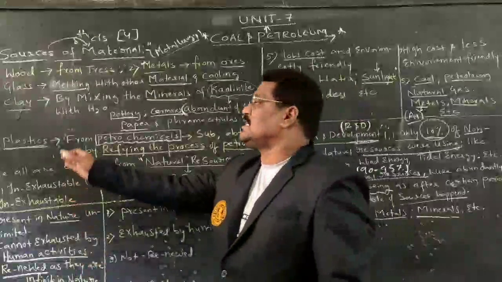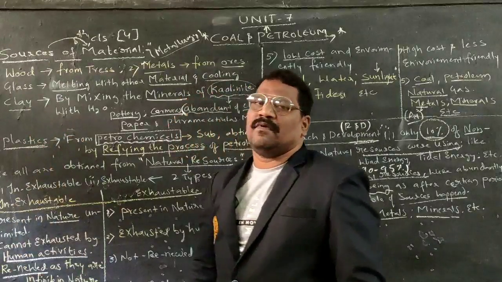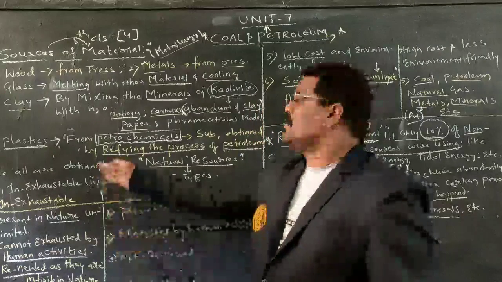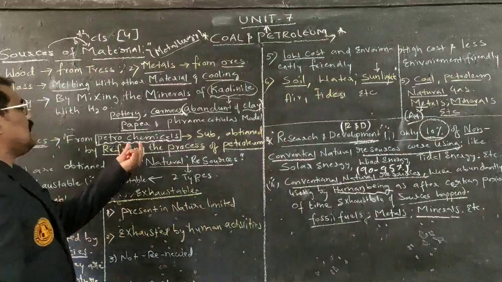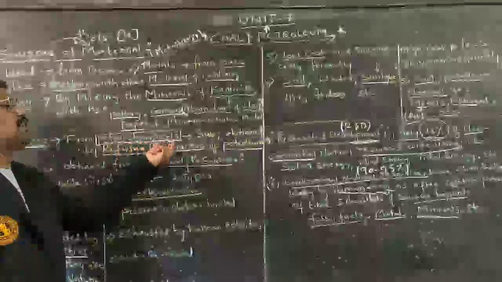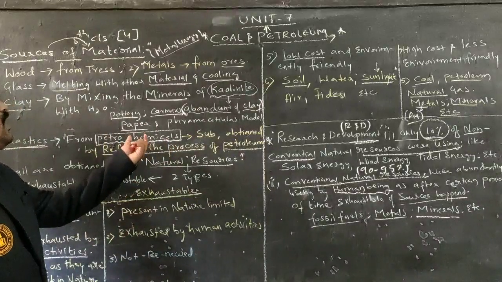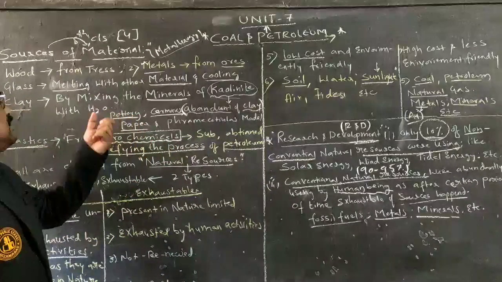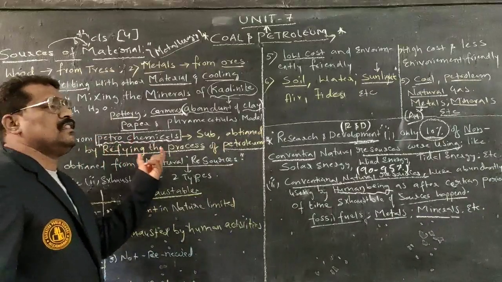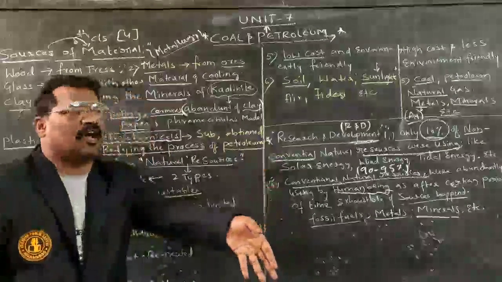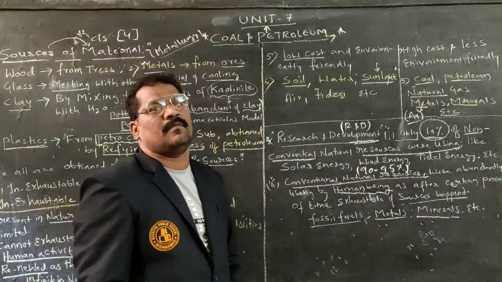Next one, but not least, is plastics. From where can we prepare these plastics? Plastics can be prepared from petrochemical substances. What are petrochemical substances? Substances obtained from the refining process of petroleum.